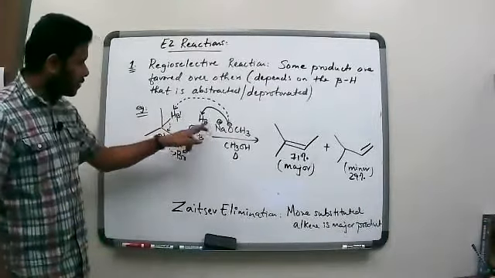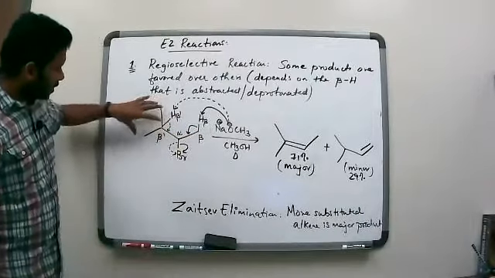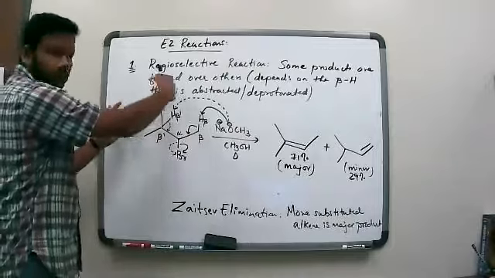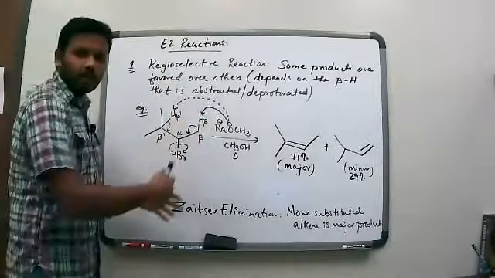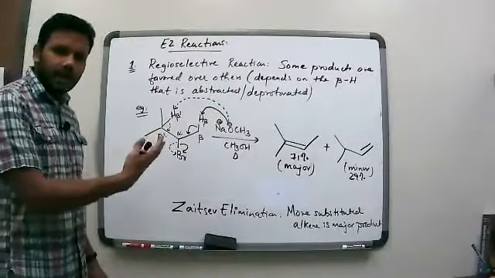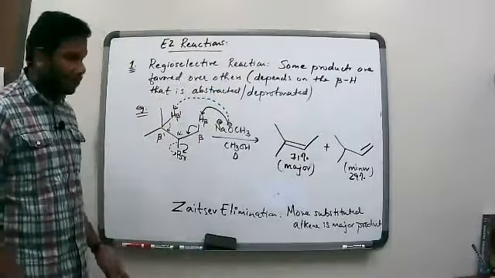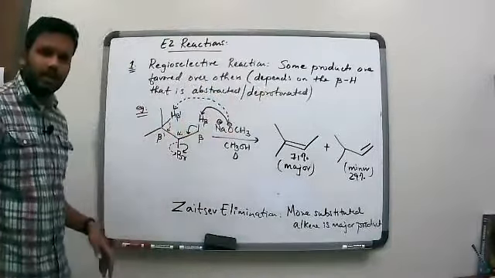A tertiary hydrogen has other groups around it, which means there's going to be more crowding around it, whereas the primary hydrogen should be much freer. So can we exploit the differences in the environment to make more of the less substituted alkene?